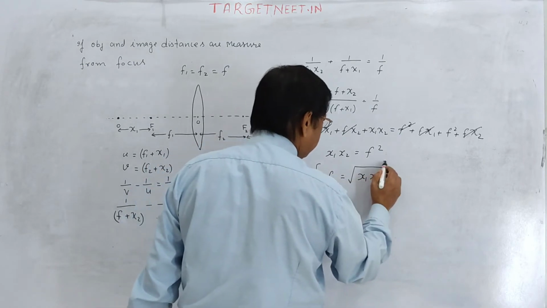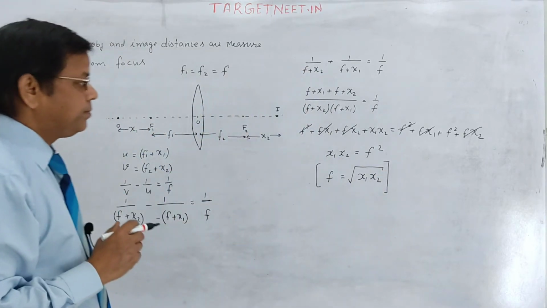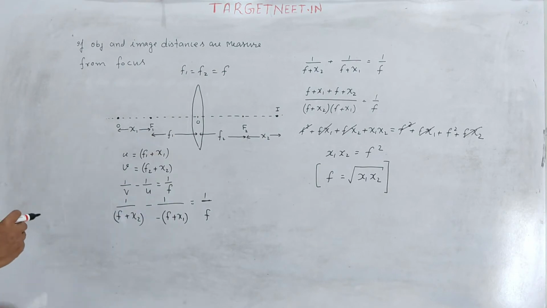So this is the focal length of the lens, and this is called Newton's formula.